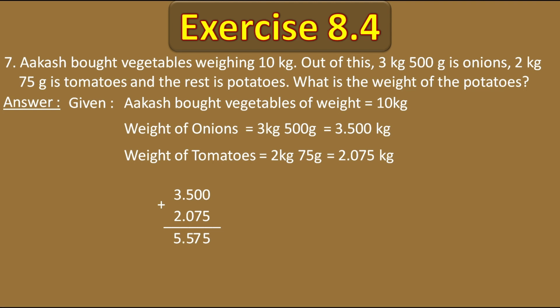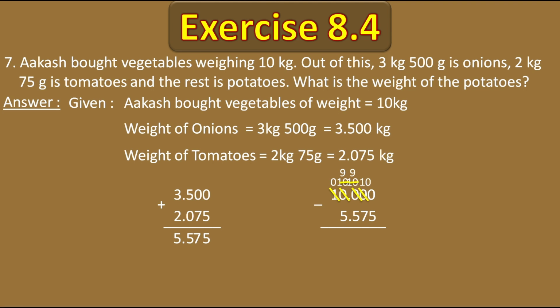Now to get the weight of potatoes, we have to subtract this 5.575 from 10 kg. Okay, so now we have to make these zeros as 10. So for that we will take 1 from this 0. So this 0 became 10. Now this 10 will become 9 and this 0 will become 10. Now the next 0 will become 10 and the number before it will become 9.